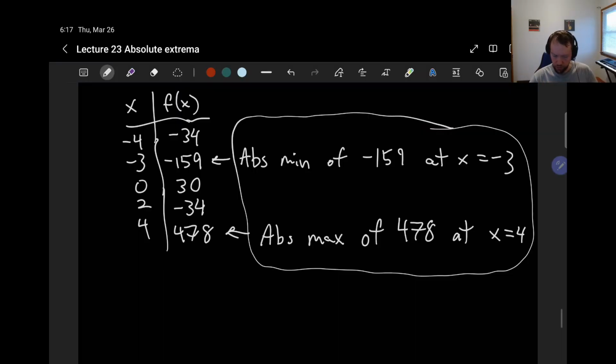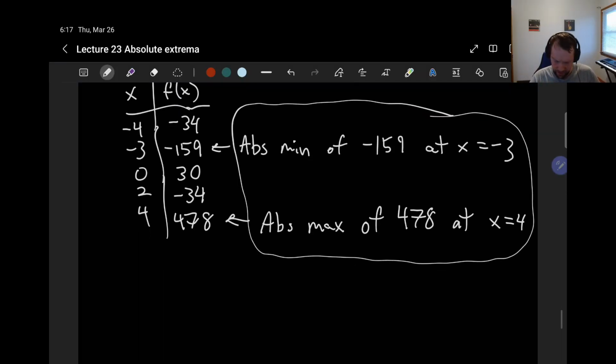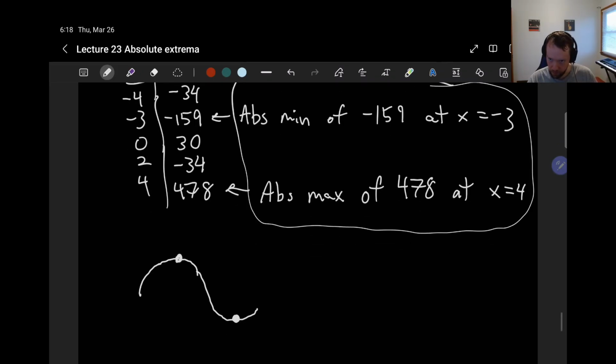So just a little visual real quick of why we needed this. Well, the type of critical point where the derivative is 0, that's where it looks like a hilltop or a valley where the graph becomes flat because you have a horizontal tangent line. So the slope of the tangent line is 0.